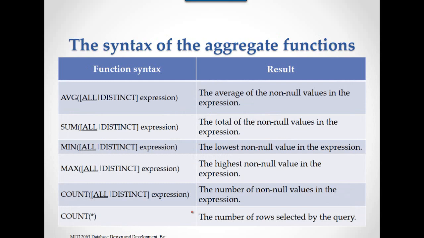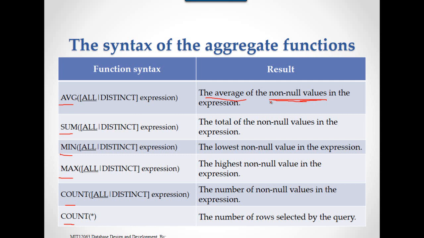So here we have the commonly used aggregate functions available in SQL Server, and they are AVG for average, sum, minimum, maximum, count, and count all. The AVG function finds the average of the non-null values. You have to understand this: it gets the average of non-null values in the columns.